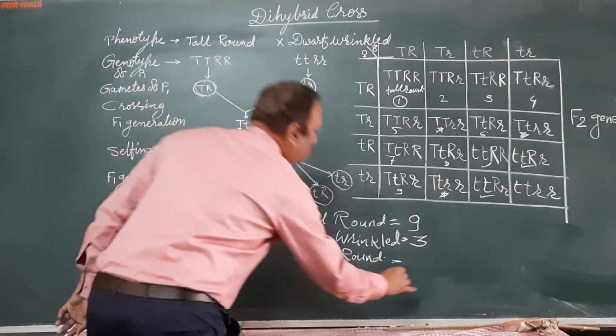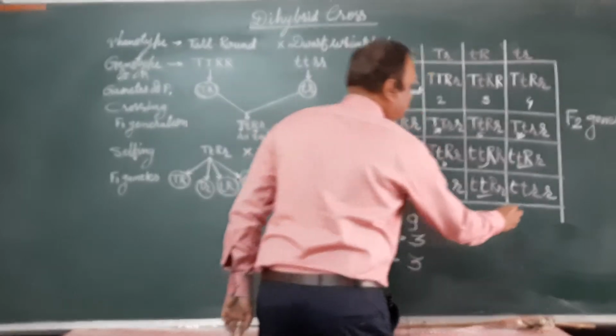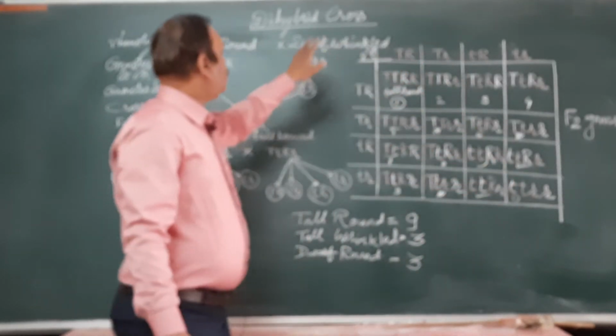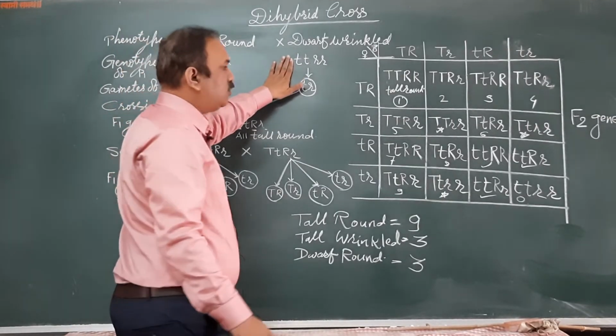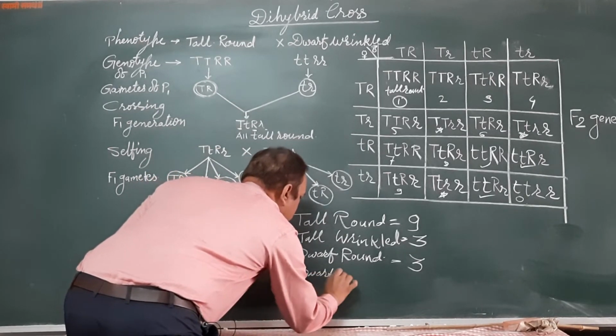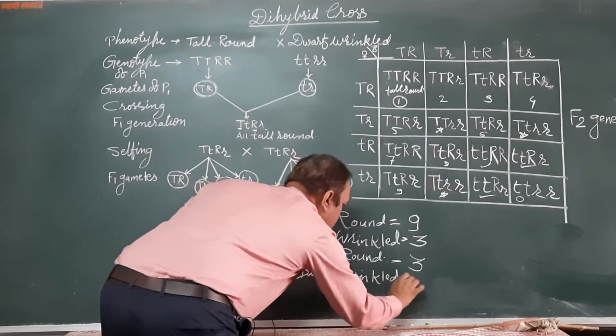So you are getting a total of 3 plants which are dwarf round. And see this one, this is exactly similar to the parent plant. Small t, small r. So you are getting dwarf wrinkled, just a single plant.